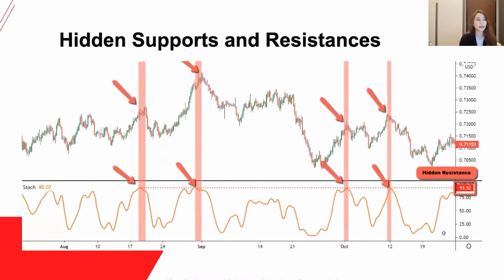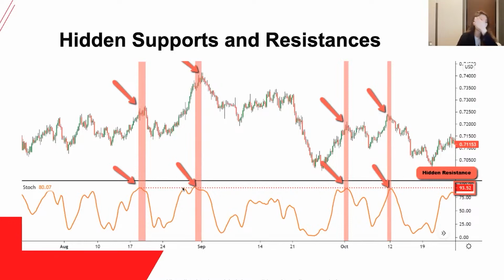However, if you look at how the price reacts and the momentum it carries in the stochastic indicator, you can see that on these four red highlighted areas are the peaks of the reaction, right? At the peak of the reaction, we are looking at 93.52, way above our normal range of 80.